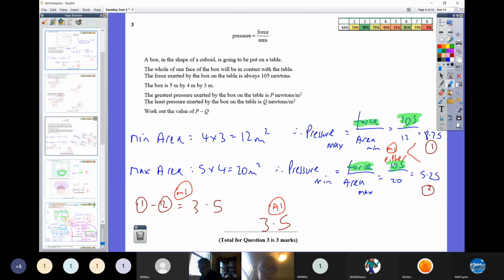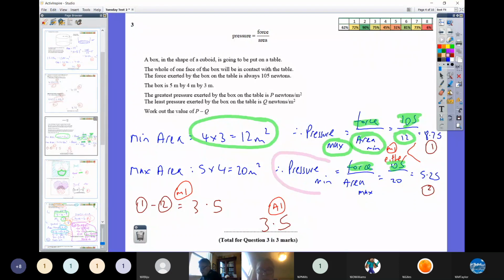So my minimum area is 4 times 3, which is 12. So when I'm working out my maximum pressure, I want my minimum area, so I will be dividing by my 12, and that gave me a maximum pressure of 8.75.